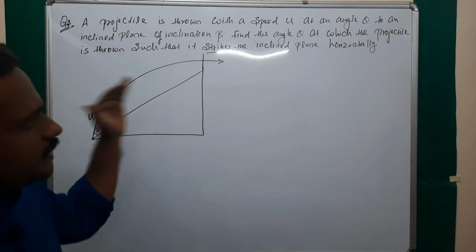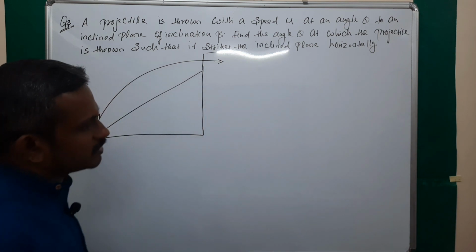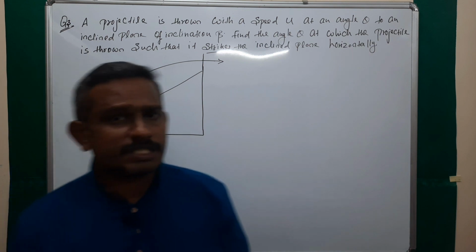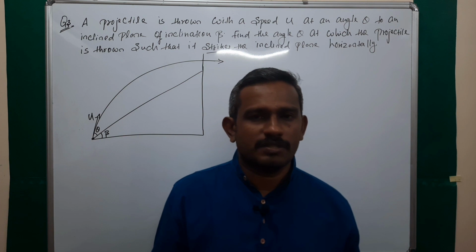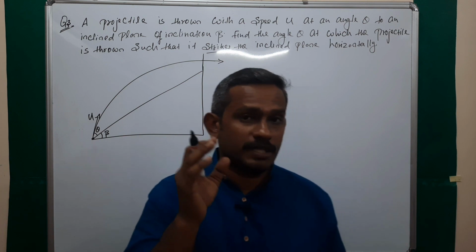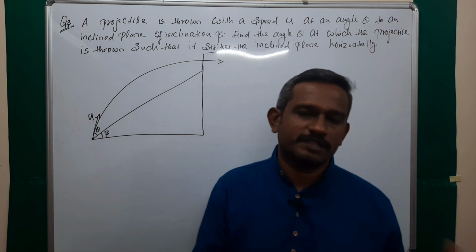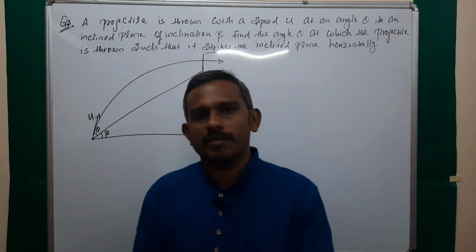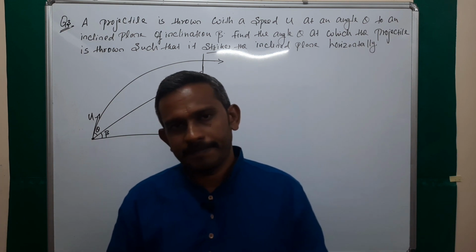Hitting the inclined plane horizontally means it has only a horizontal component of velocity. In projectile motion, at every point of the trajectory the projectile has horizontal velocity as well as vertical velocity.